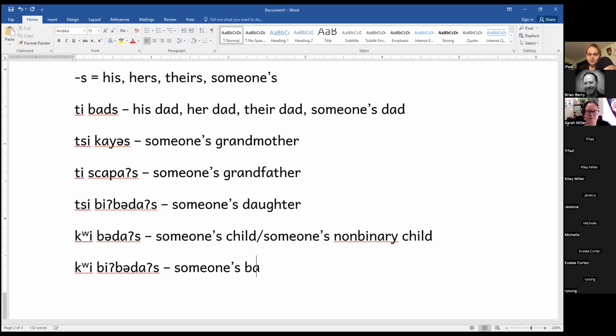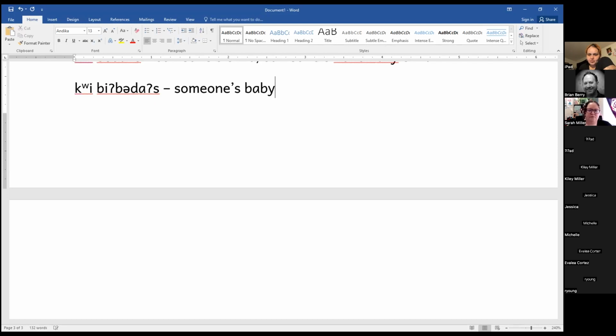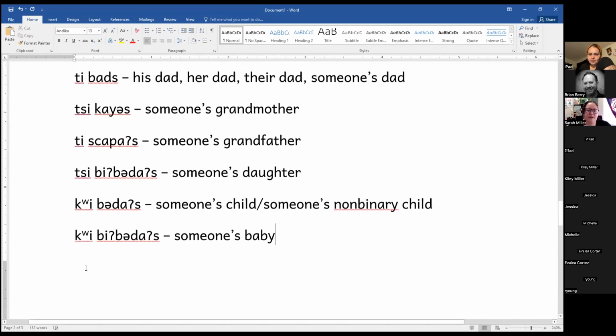So yeah, it does the same thing as C or T. It's just for either the unknown or if you don't identify. I mean, that's what I use it for.